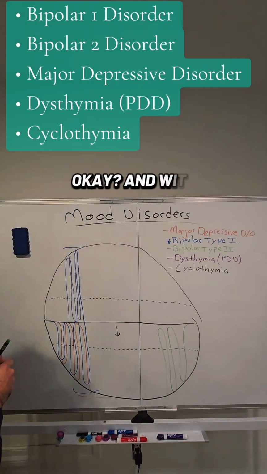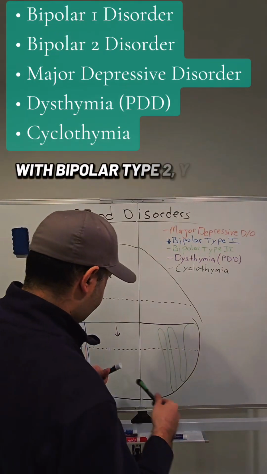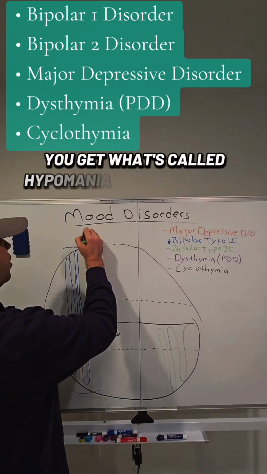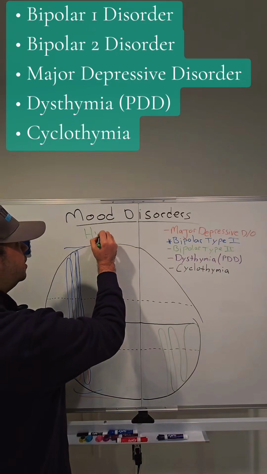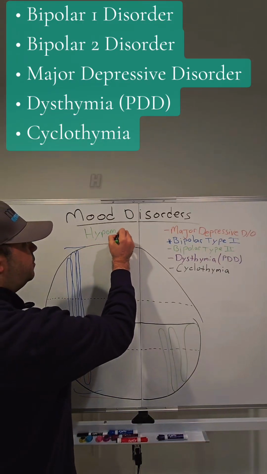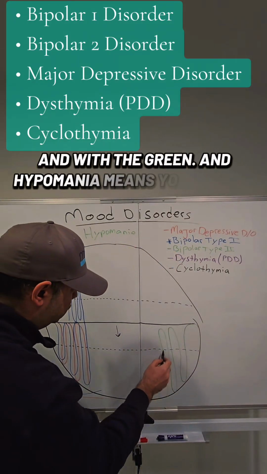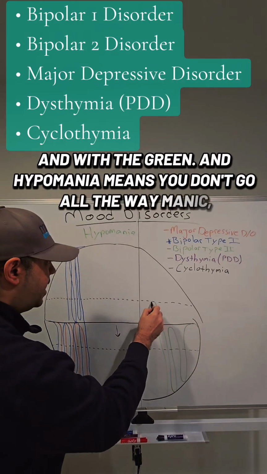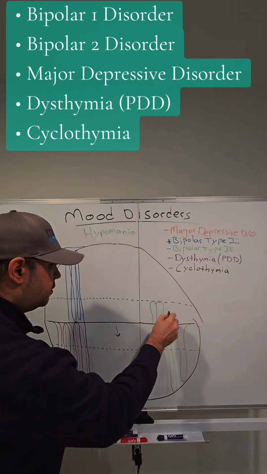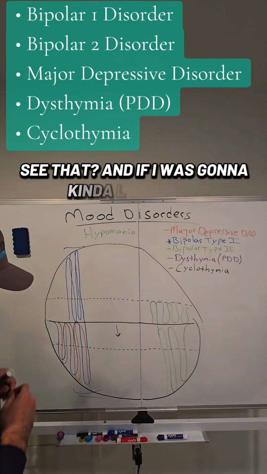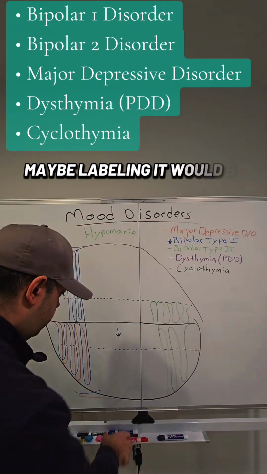And with bipolar type 2, you don't go full manic. You get what's called hypomania, which I'll write here. Hypomania. And with the green, hypomania means you don't go all the way manic, but you stay here. See that?